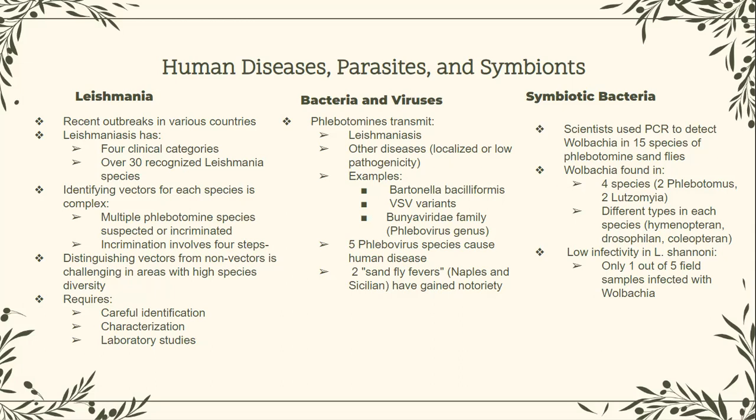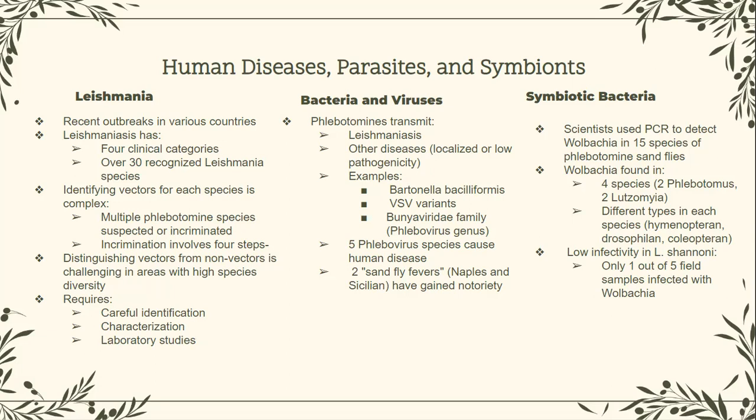For bacteria and viruses, in addition to leishmaniasis, phlebotomines also transmit other human disease agents, although these are generally localized or have low pathogenicity. One example is Bartonella, which causes bartonellosis in the Andean highland areas of Ecuador and Peru, with a high mortality rate in its virulent form. However, the sandfly species associated with this disease have not been conclusively incriminated as vectors.